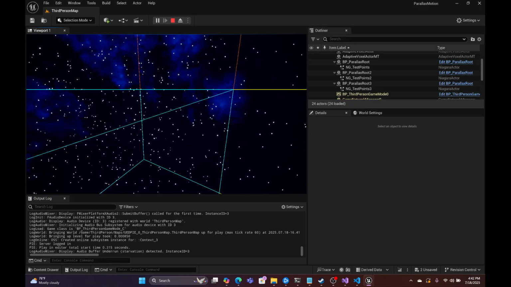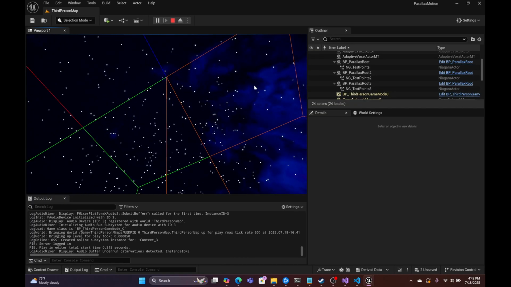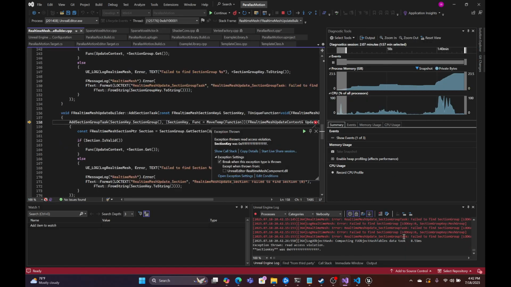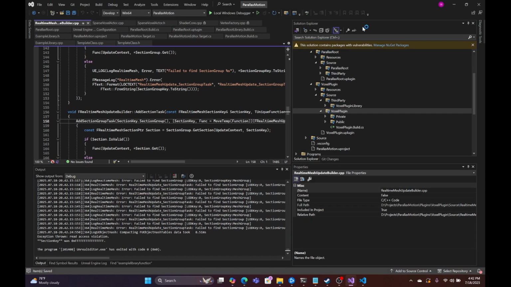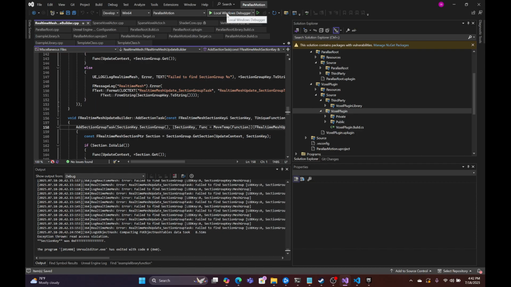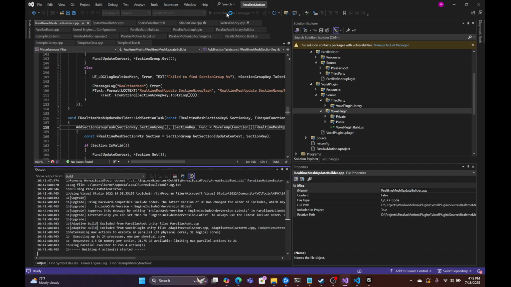What is it doing though? It's definitely chugging. It's trying to do something. Some issues in the real-time mesh stuff, which is fine because we don't actually need the real-time mesh stuff from the voxel meshing. We just need the sparse voxel data model with the N64 coordinates.